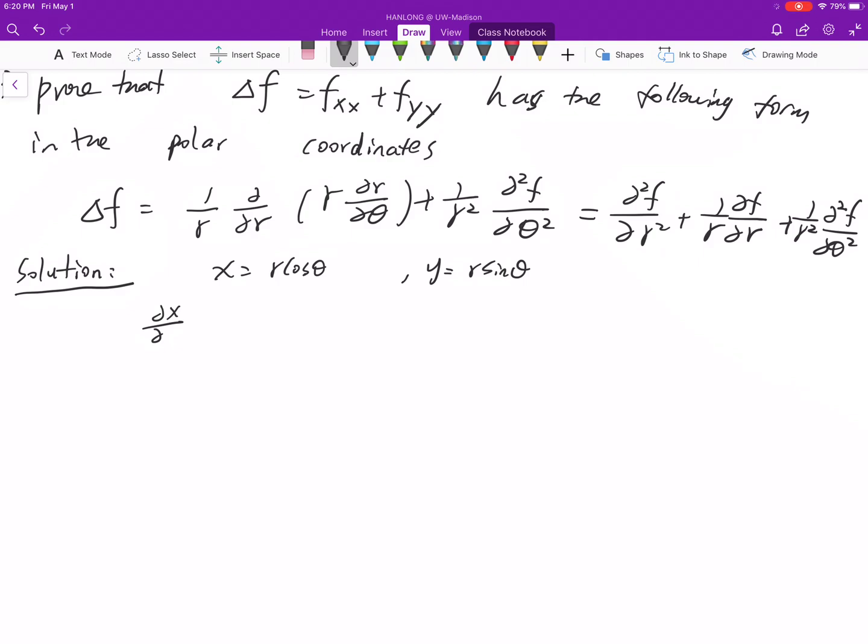It's not that convenient. So we would like to compute the easy partials first. So partial x partial r is cosine theta, partial y partial r is sine theta, partial x partial theta is minus r sine theta, partial y partial theta is r cosine theta.